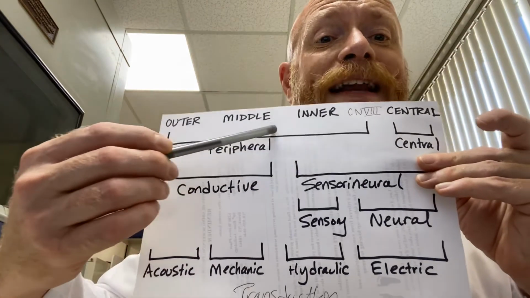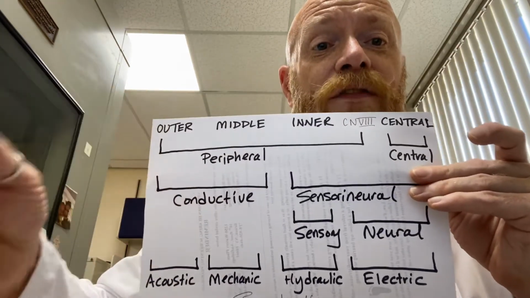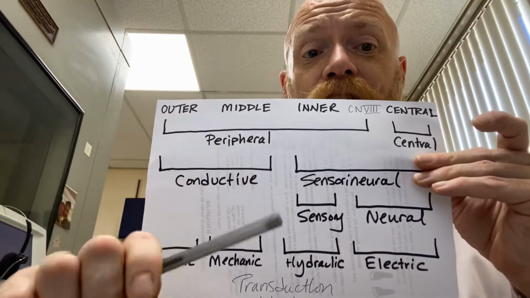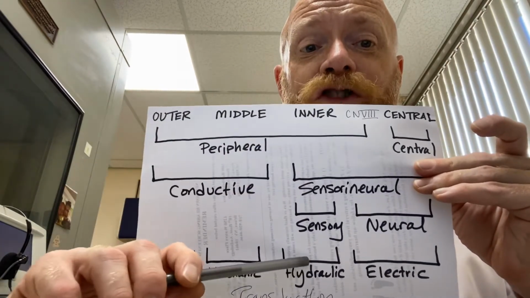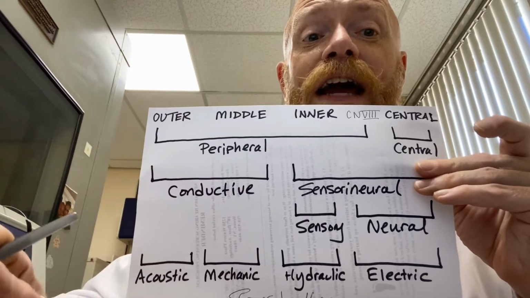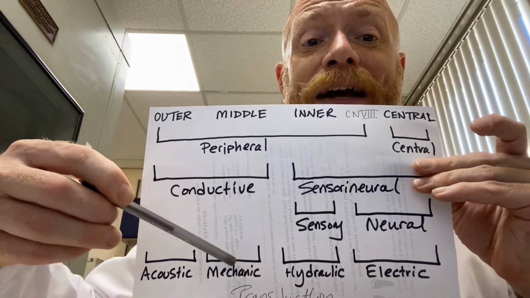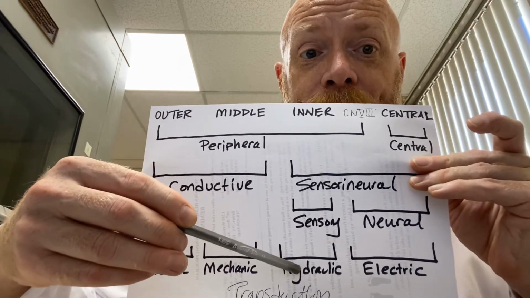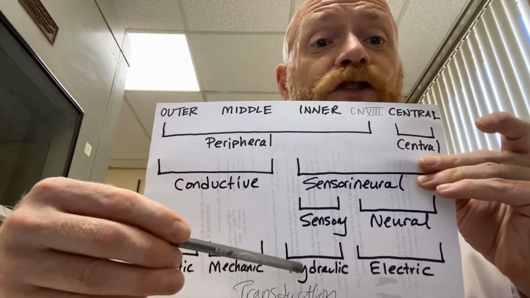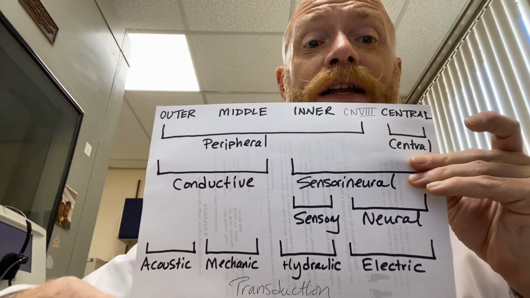The foot plate of the stapes, the final of the 3 bones in the middle ear, puts the fluids of the cochlea into motion. At that point, the energy transduces from mechanical to hydraulic energy. Hydraulic just has to do with energy as it's transmitted through liquid.